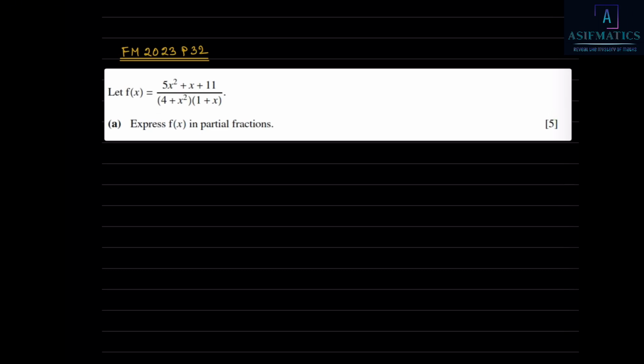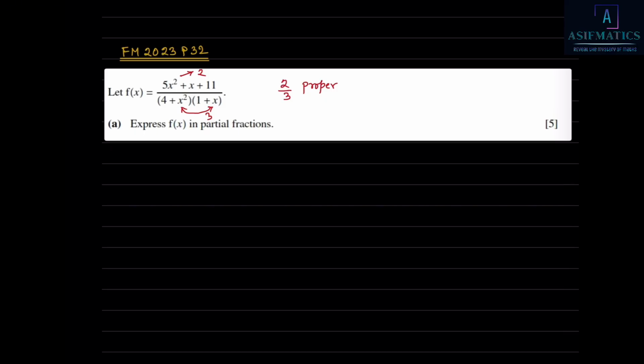So let's check the power of x in the numerator. The maximum power of x in the numerator is 2, and the maximum power of x in the denominator, if you multiply it out, is 3. So this is 2 by 3, that is proper, because the power of x in the numerator is lower than the power of x in the denominator.